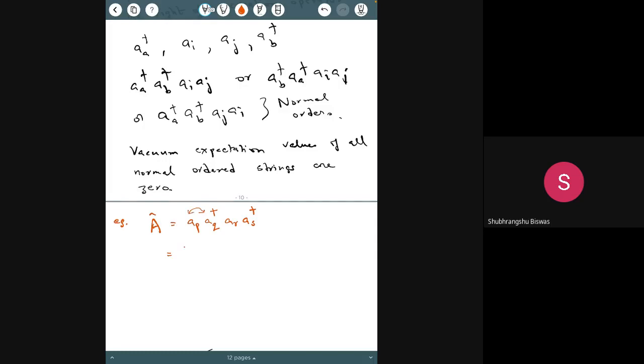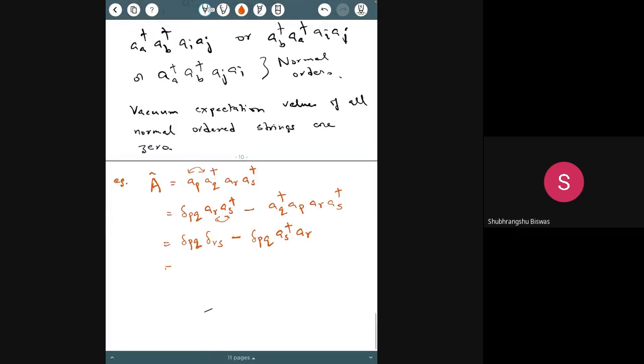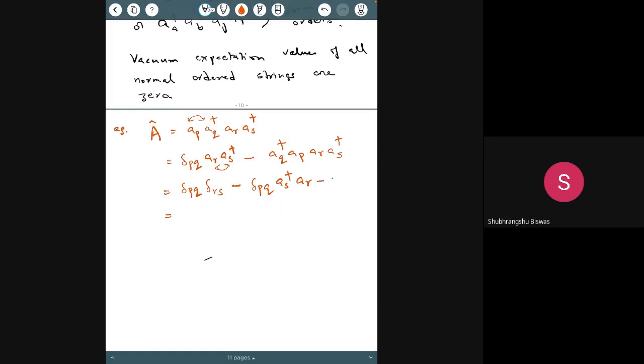So this is delta_pq a_r a_s† minus a_q† a_p a_r a_s†. Then I have delta_pq, and I shift this again. So that's delta_rs minus delta_pq a_s† a_r. Okay, and this is also there.